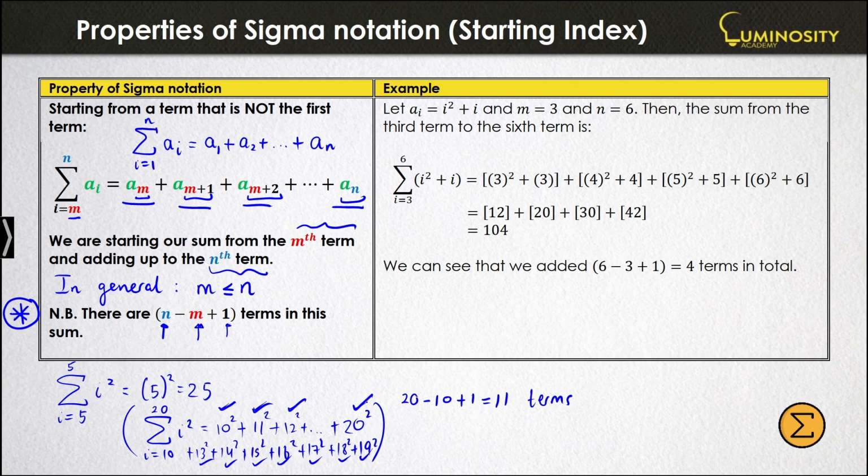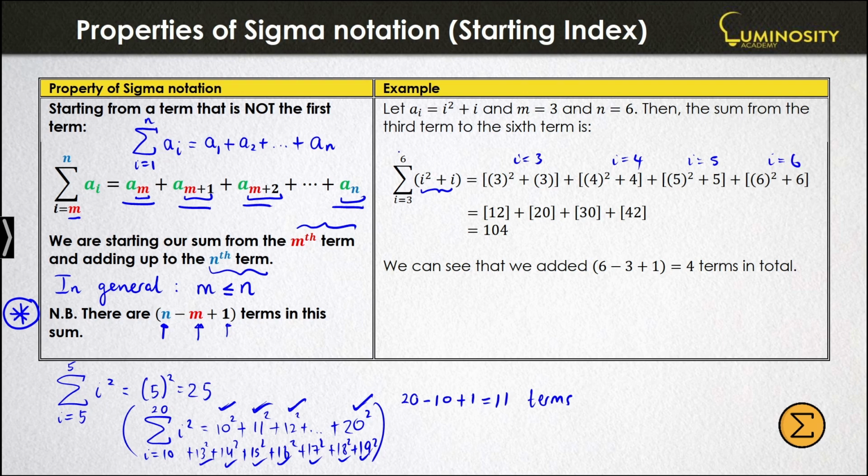Let's have a look at this example. Let your general term a_i be denoted by i squared plus i, and let m start at 3 and n at 6. Then the sum from the third term to the sixth term is given as follows. In this general term, you start at i equals 3 and substitute it in, plus i equals 4, plus i equals 5, plus i equals 6.